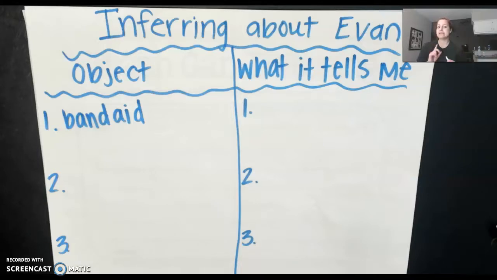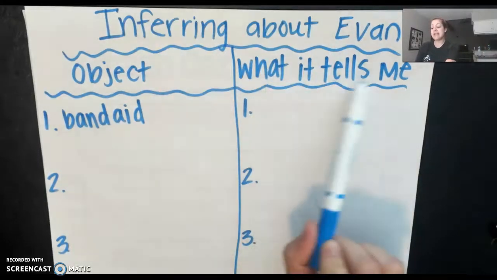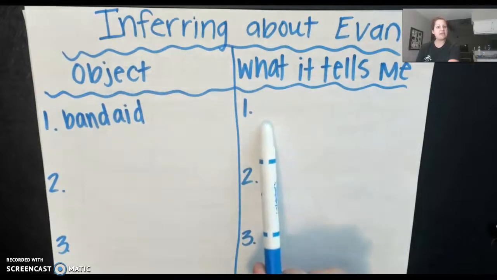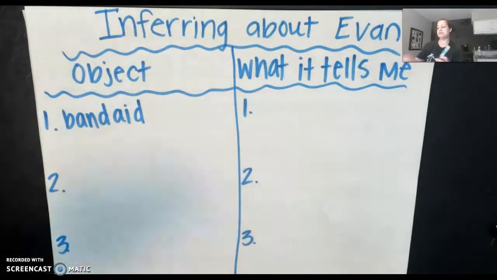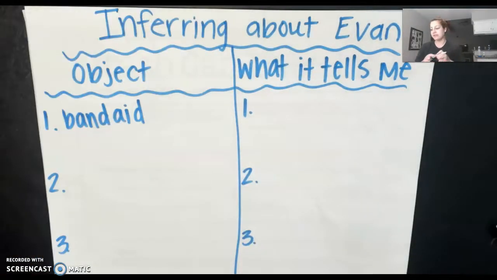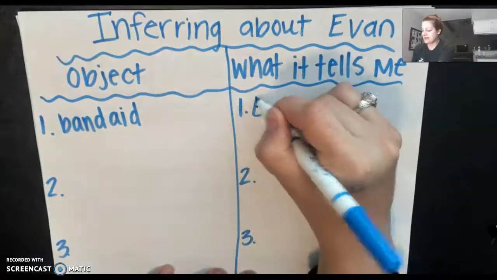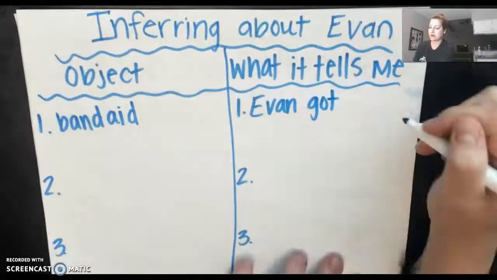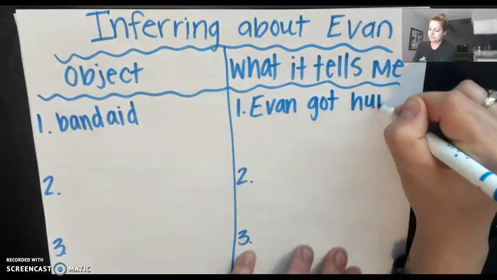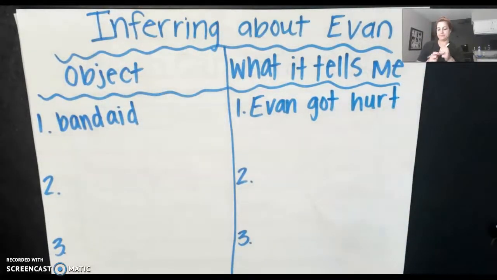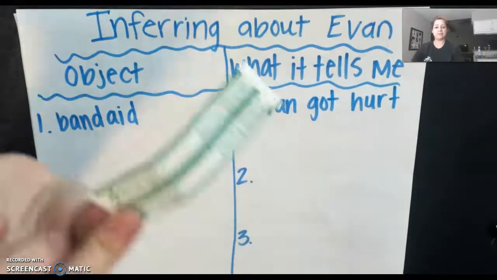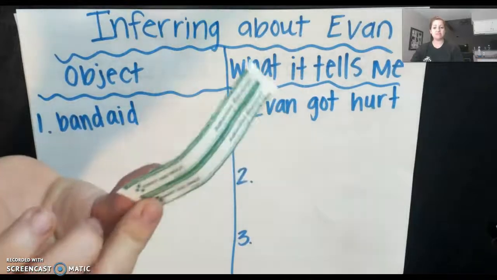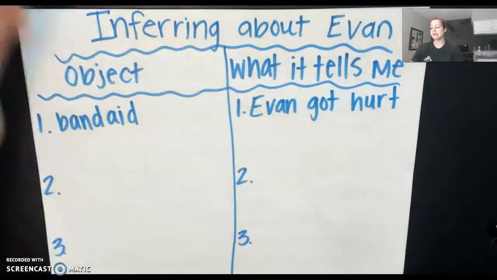So the inference I'm going to make, that tells me that Evan got hurt. We just made our first inference. Evan got hurt. Does this Band-Aid have written on it and say Evan got hurt? No, we made an inference.